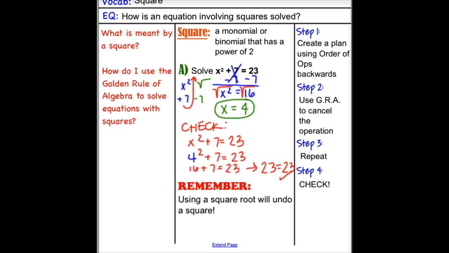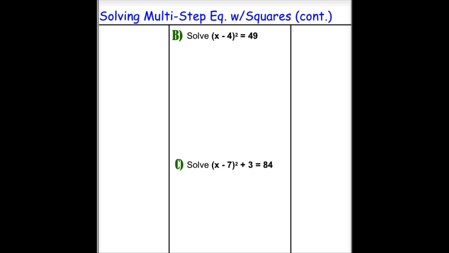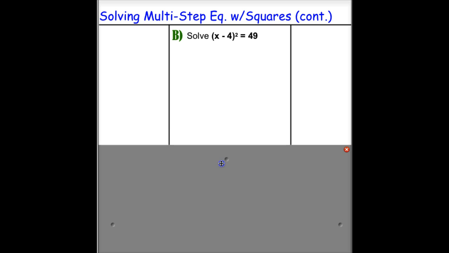Moving on to the next example. I'm going to put a blind up here so it's easier to look at. We have the quantity x minus 4 squared equal to 49. This time when I create my plan, because of those parentheses, order of operations says those have to be done first.